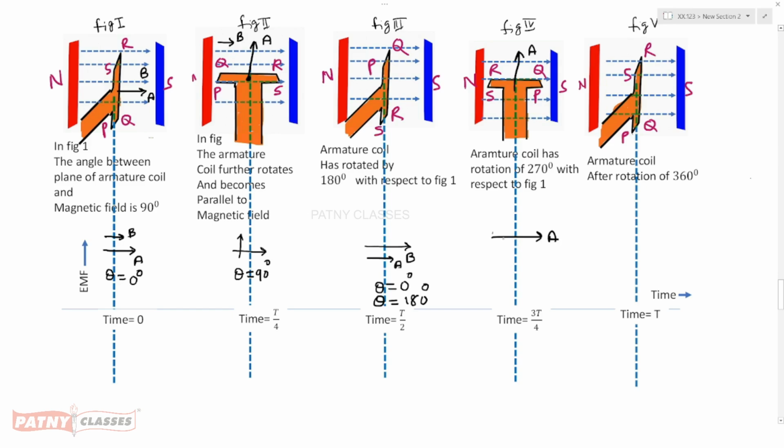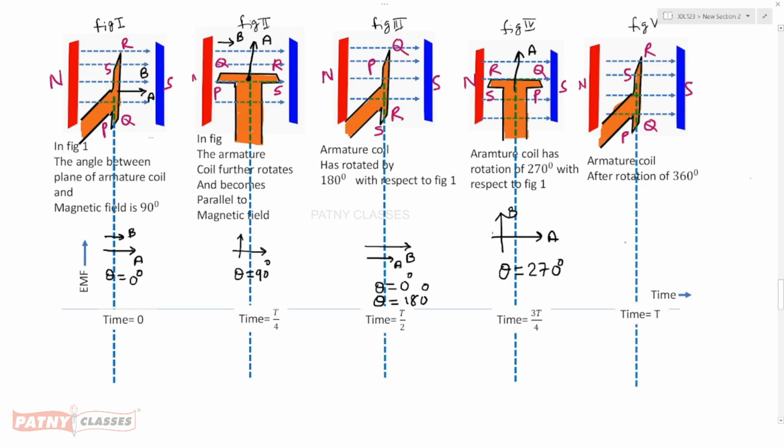In figure 4, the area vector is at 90 degrees compared to the direction of the magnetic field and the coil has rotated. Therefore, we consider here theta equals 270 degrees. In the case number 5, the coil has returned to its original position after a rotation of 360 degrees.